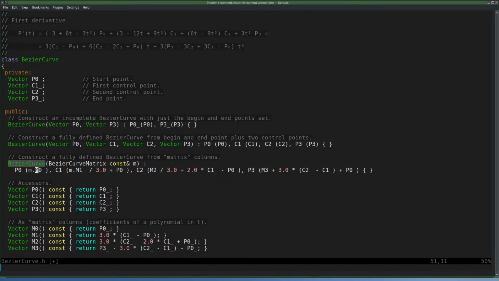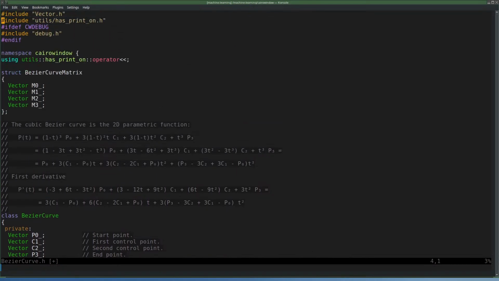Maybe M is now not the right thing anymore. They are not matrices, they are columns. Or they are polynomial coefficients. Why does it have to be a C? Everything is a C here. There's no way around it. Column, coefficient.